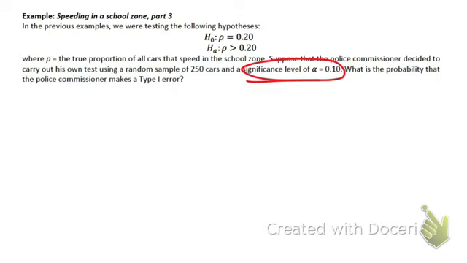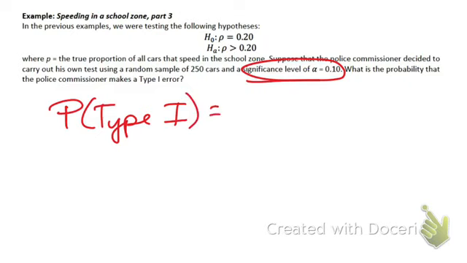Ladies and gentlemen, if you miss that on the test, the probability of a type 1 error is equal to alpha, which is literally given to you in the problem. Those should be the kind of questions on the test that you get right no matter what. Right?